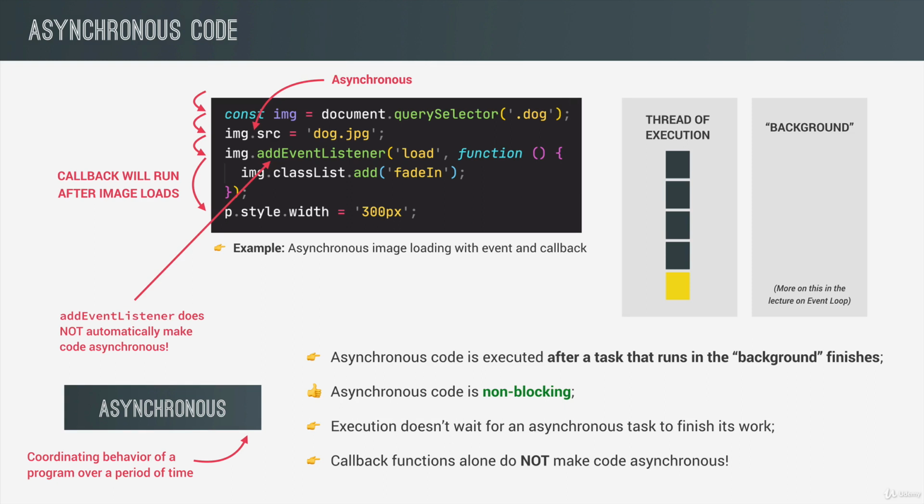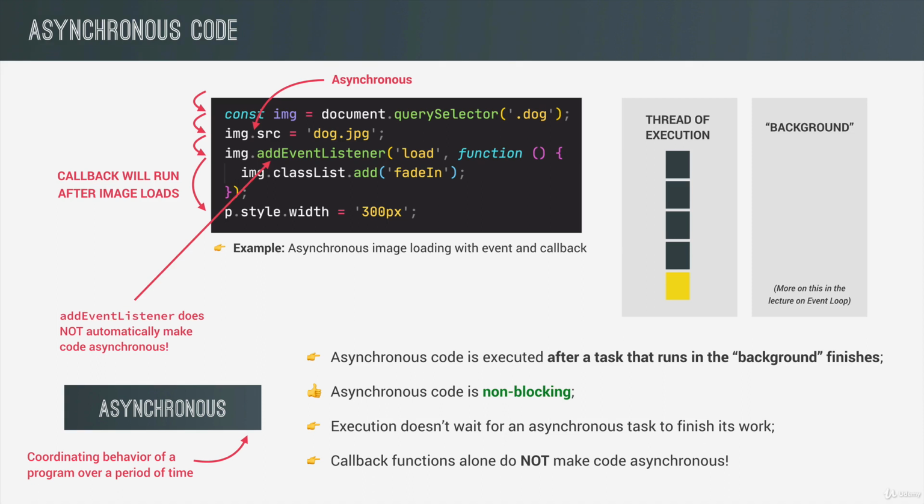For example, an event listener listening for a click on a button is not doing any work in the background. It's simply waiting for a click to happen, but it's not doing anything. And so there's no asynchronous behavior involved at all. Now what makes this code example asynchronous is simply the fact that the image is loading asynchronously in the background, but not the fact that we are listening for the load event to happen.